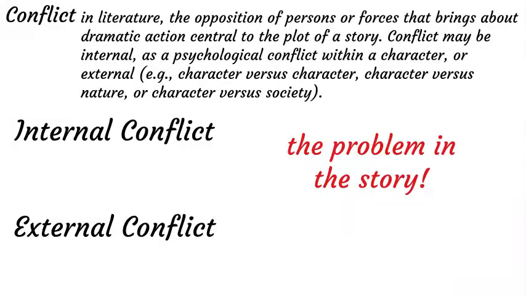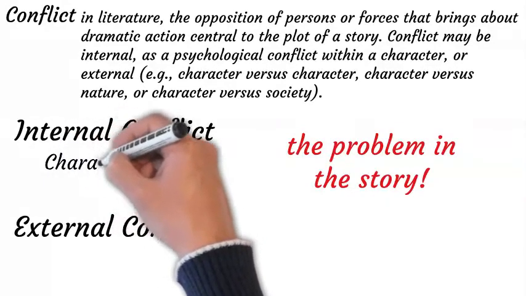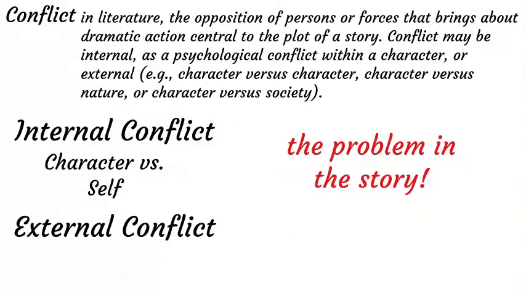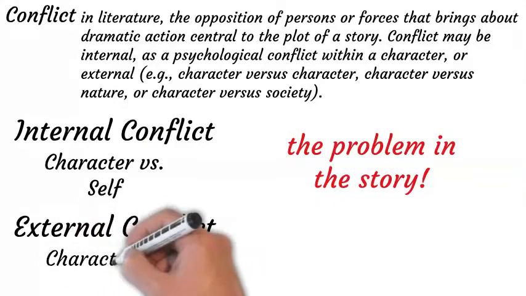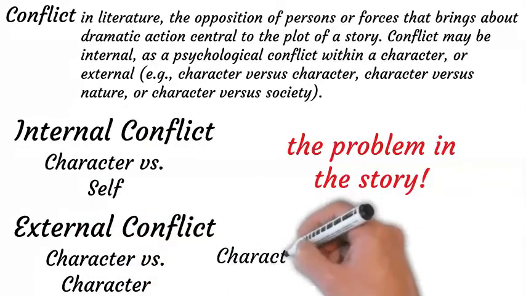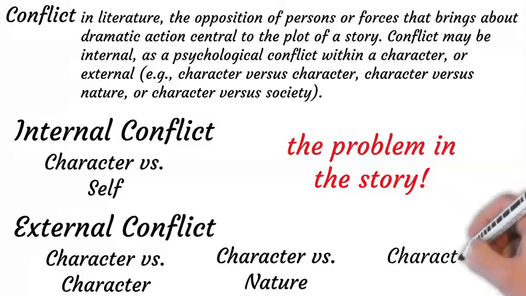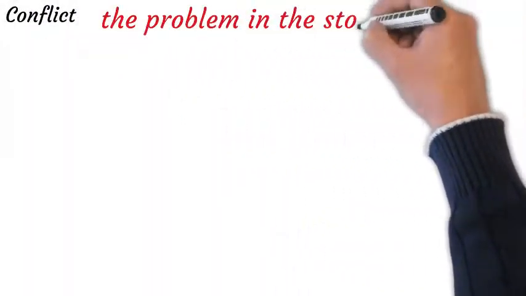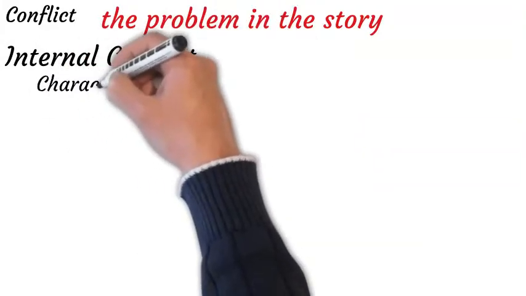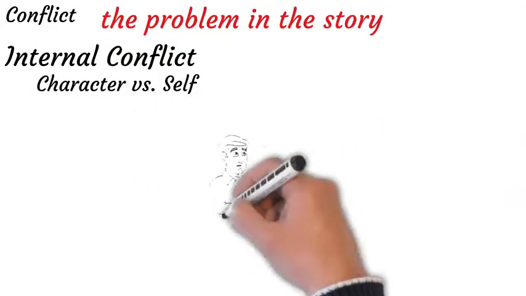For internal conflict, we have character versus self. For external conflict, we have character versus character, character versus nature, and character versus society. Now let's take a deeper look at internal conflict, character versus self. So let's look at our main character, Percy Jackson.